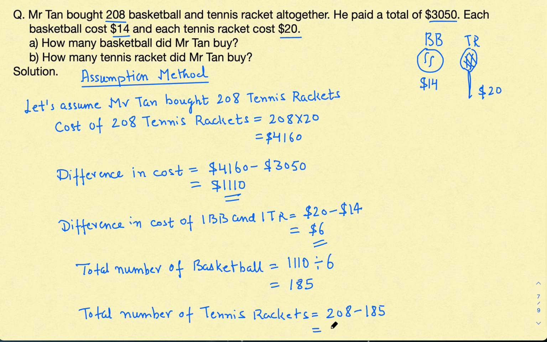That will give me 23. That means Mr. Tan had bought 185 basketballs, which is your part A, and he has bought 23 tennis rackets, which answers your part B. So let's write our answer quickly. Part A is 185 and part B is 23.